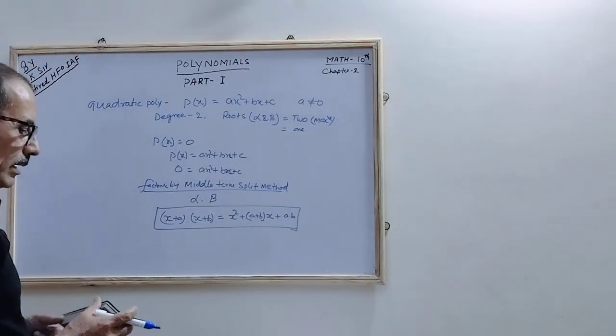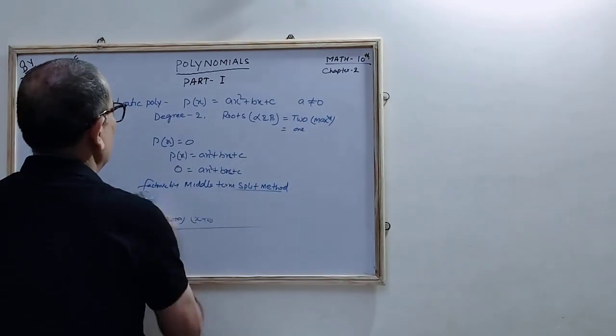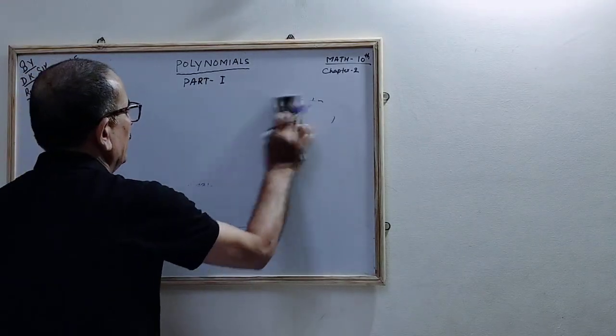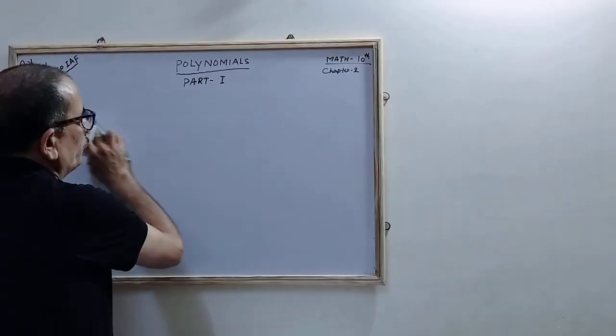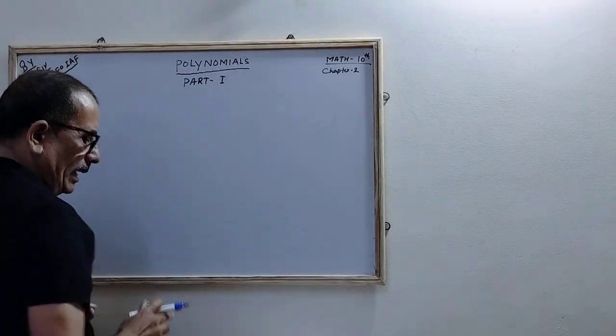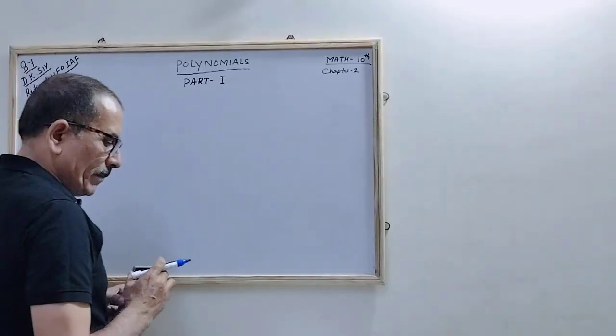I think we understood about the quadratic. The next topic we are going to use is graphical representation. We have understood how to find the values of x in the polynomial. Now the graph of the polynomial, correct?